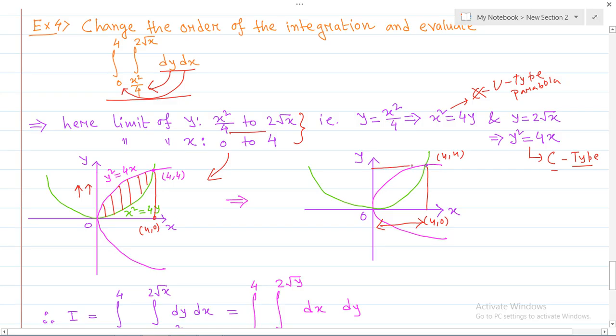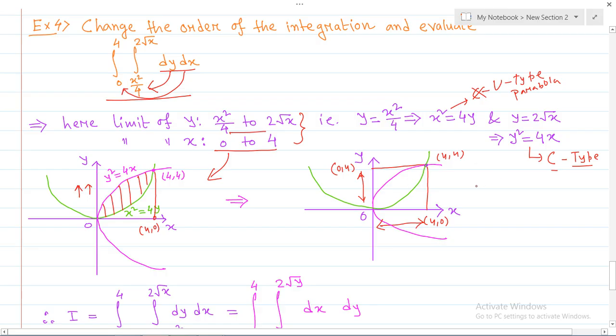Similarly, we can draw another perpendicular from here to the y axis. So this will have the coordinate 0,4. So y will also vary from 0 to 4 for this region if we want to make any one of the limits a constant limit. Now the same region we have to redraw, but here our desire is that initially x had a constant limit and y was variable, but now we want to make the y limit constant and the x limit variable.